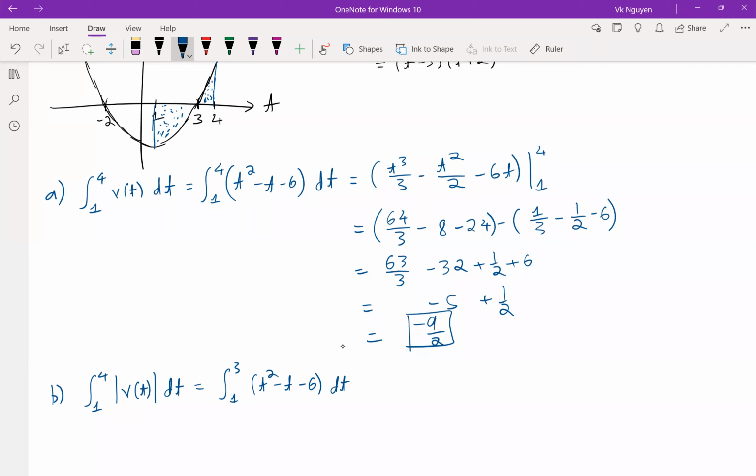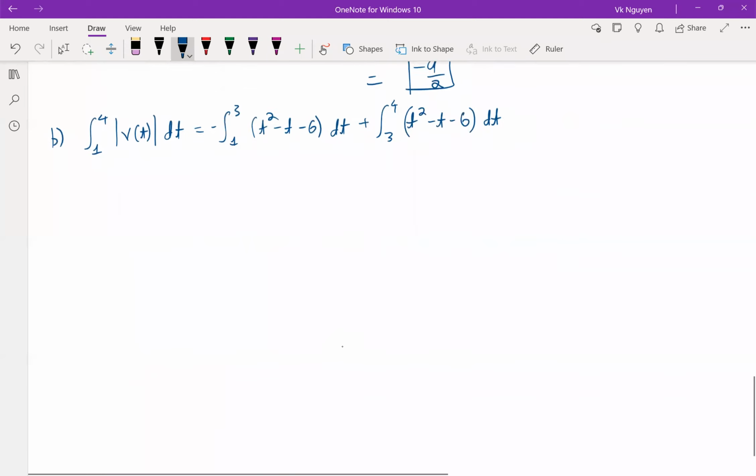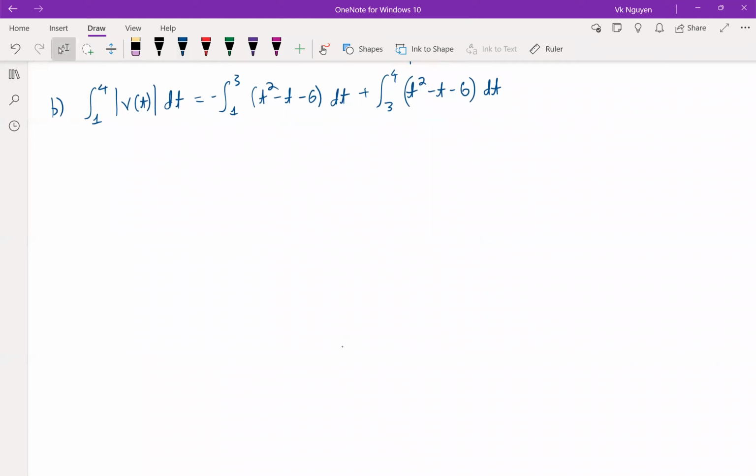The integral is negative, so we need to negate the negative to get a positive. So put a negative in front of the integral. Next area is from 3 to 4. So 3 to 4 of t squared minus t minus 6 dt. Yay! Let's evaluate this.